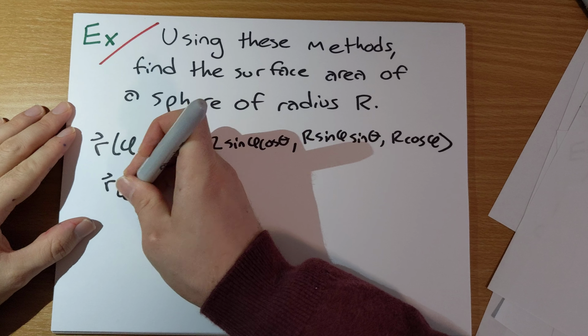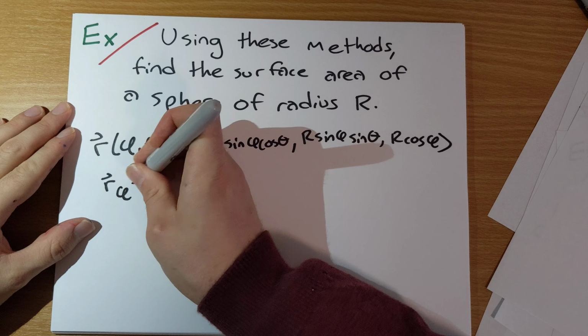The partial derivative of our parametrization with respect to phi is going to be r cosine phi times cosine theta, r cosine phi times sine theta, and negative r sine phi.